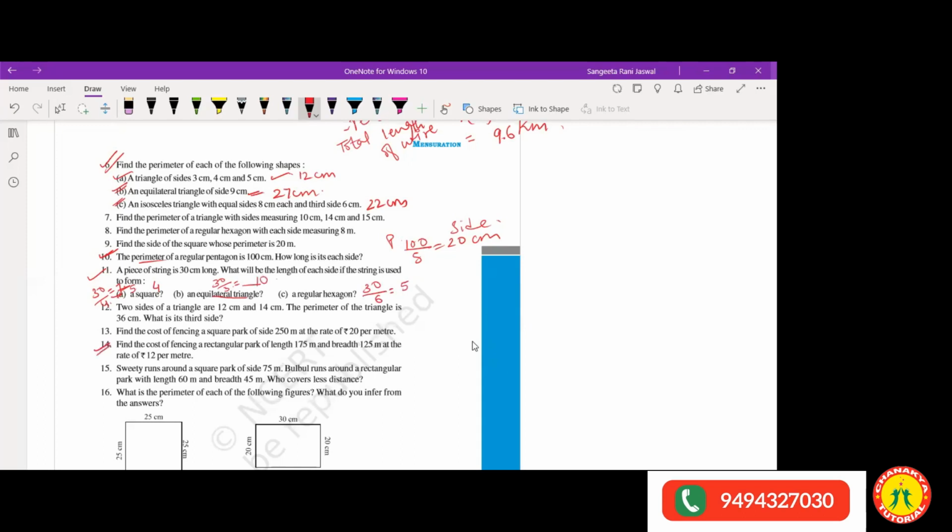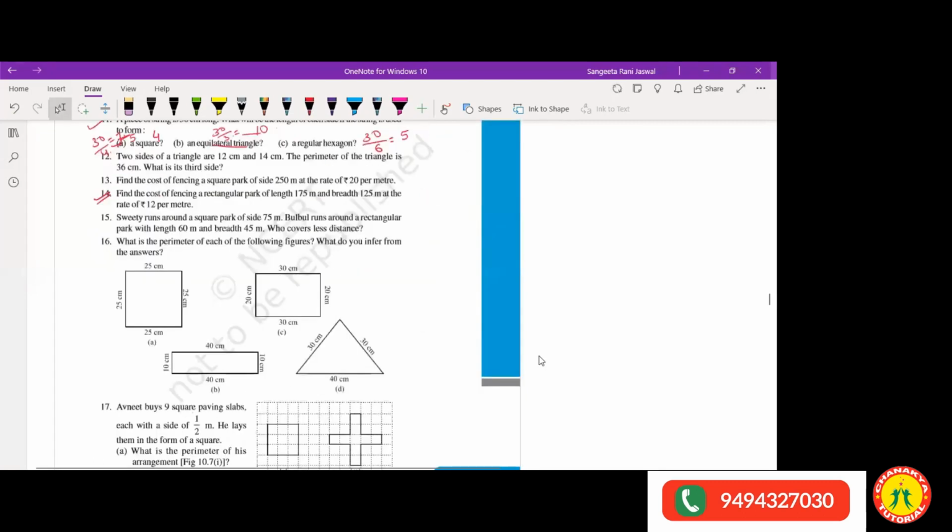Okay, let's see question 14. Rishit, please read question number 14. Find the cost of fencing a rectangular park of length 175 meters and breadth 125 meters at the rate of rupees 12 per meter.